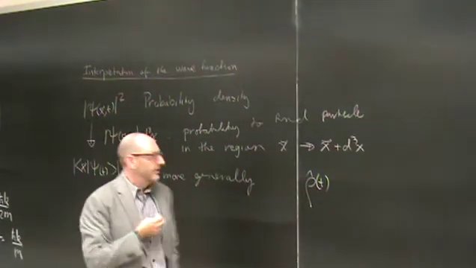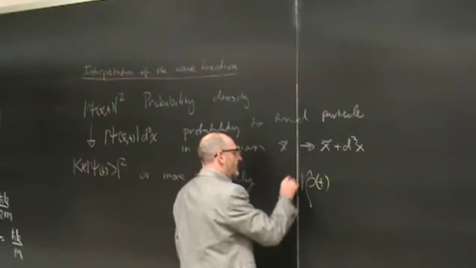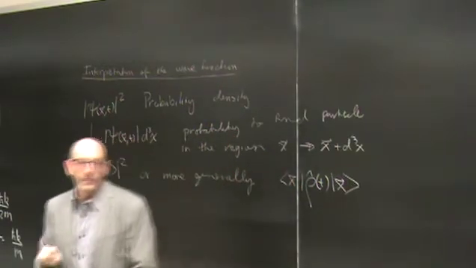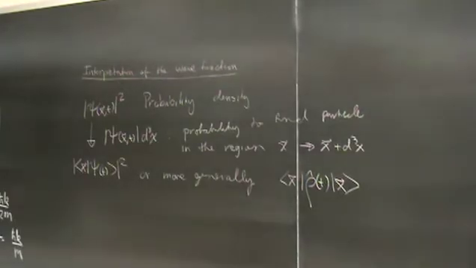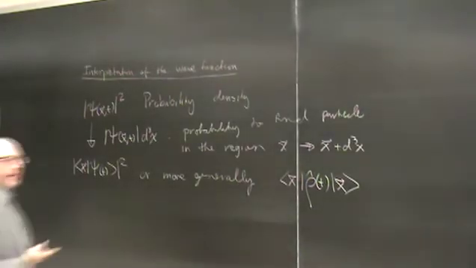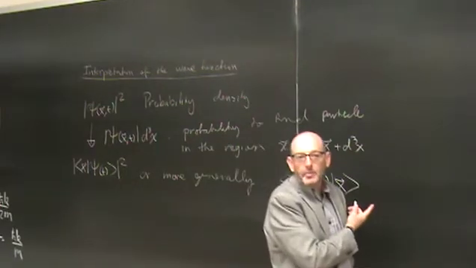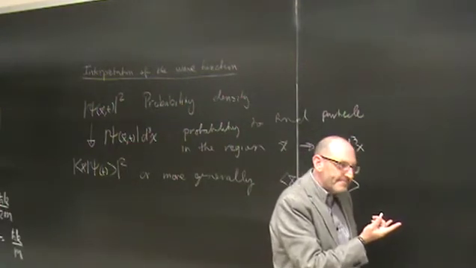We know from our studies that the diagonal matrix elements of the density operator tell us the probability to be in that state. In this case, it's the probability density.